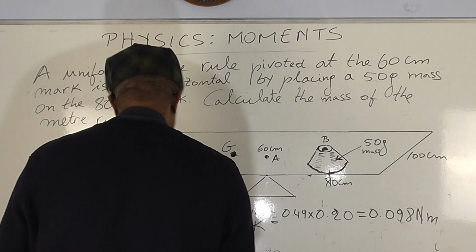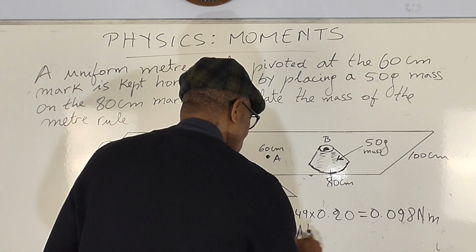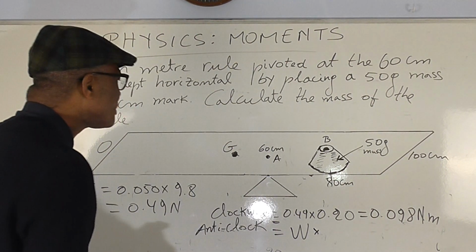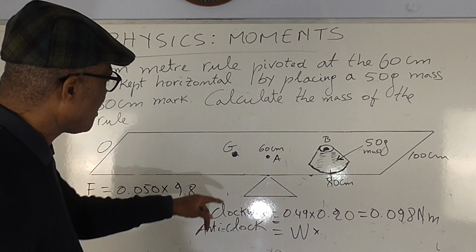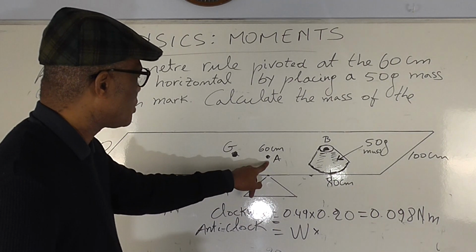What we are looking for is the weight. So the weight of the meter stick multiplied by the distance from here to there.